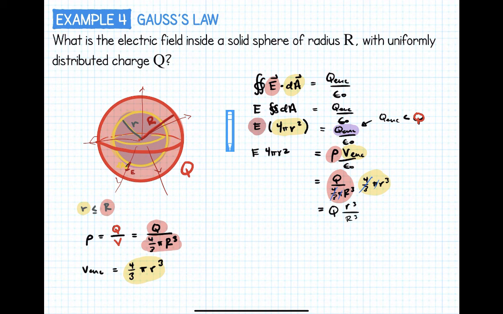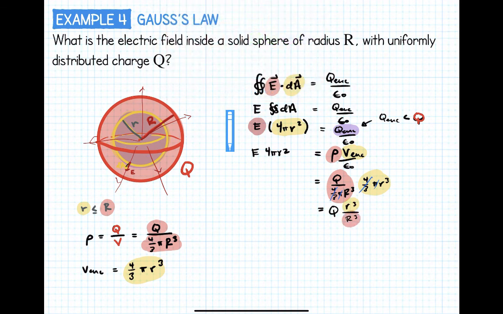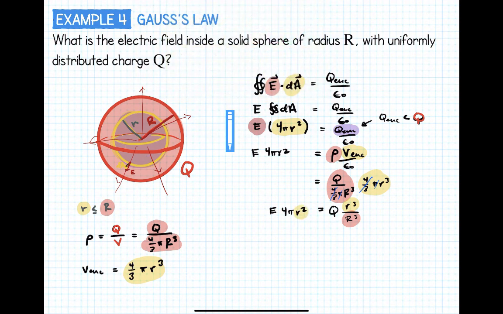But remember, this little r has to do with the Gaussian, and this capital R has to do with your actual sphere. Remember, this still all equals E 4 pi r squared. And because this r is also the r from the Gaussian surface, these are the same r.